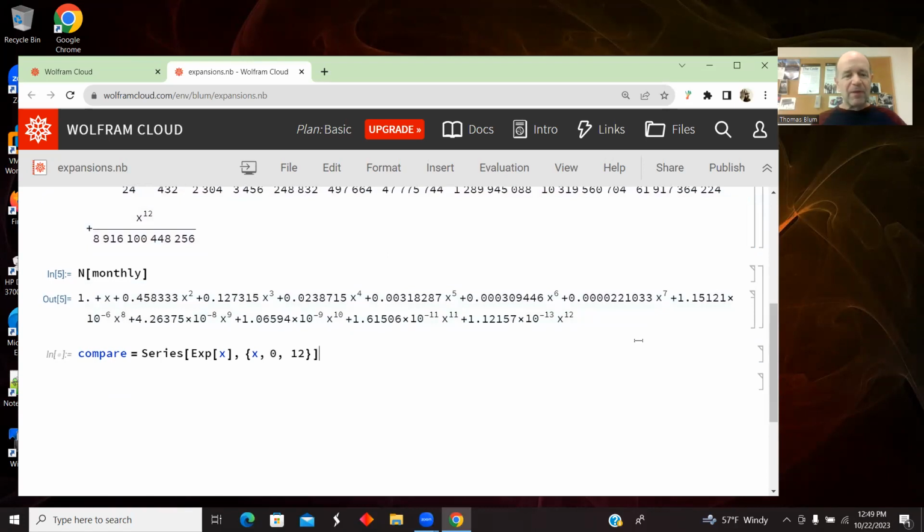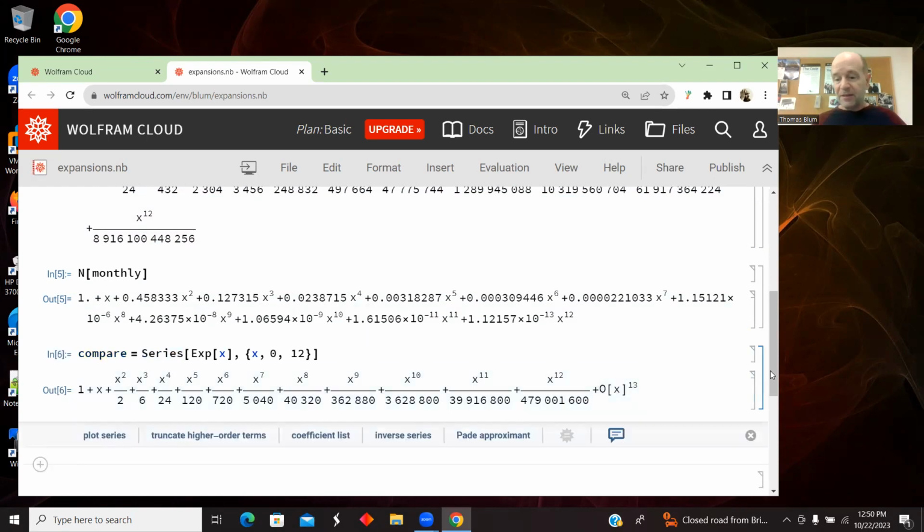And I just wanted to show you, although it's an advanced topic and I'm not really going to do anything with it, that there is this idea in Mathematica of a series. So I have this exponential function, which would go on and on and on. I'm going to expand it around x of 0 and get 12 terms. And I'm going to get a series this time, just to show it does related things.